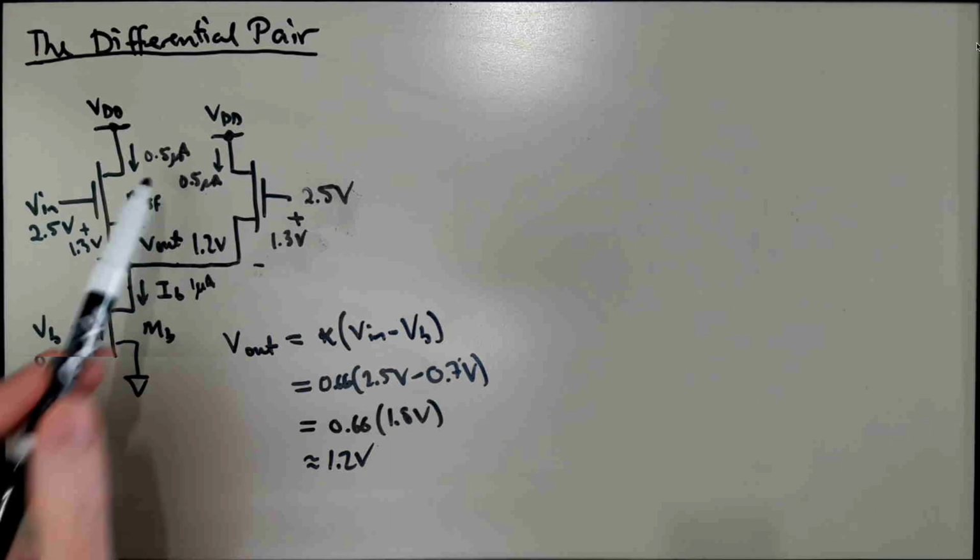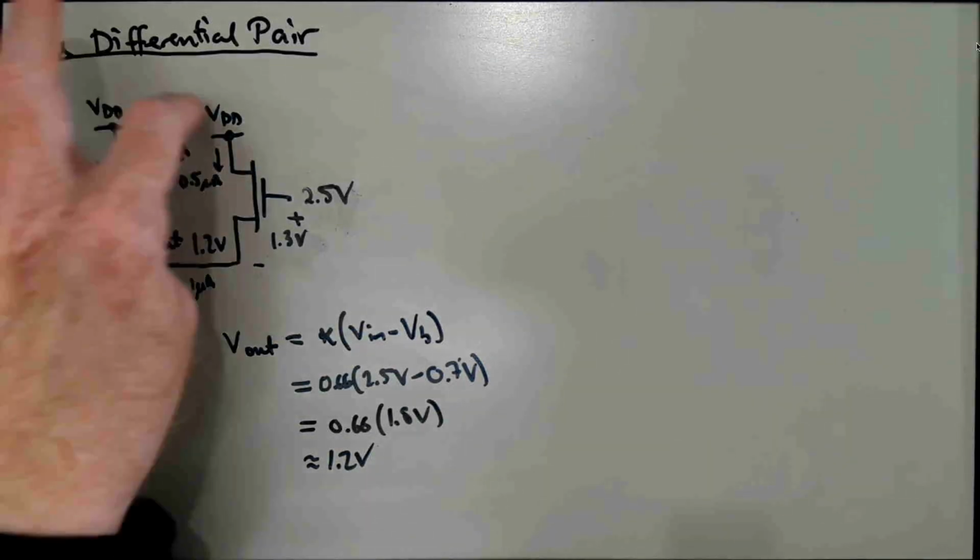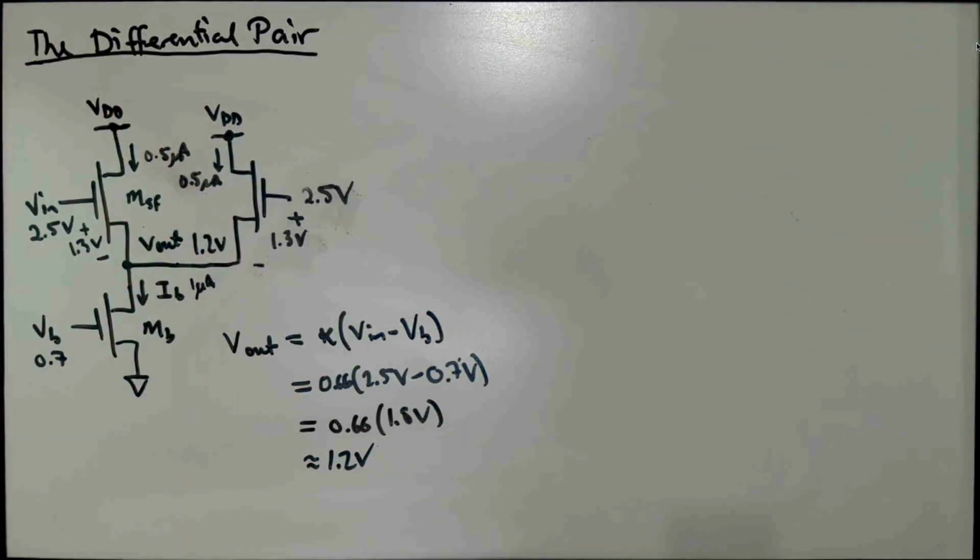Okay? So suppose I don't have these two drain voltages connected to VDD anymore, but they're connected to other things. If the transistors are saturated and they don't have a very significant early effect, does that change anything that we just said? Well, obviously not, because the transistors' drain voltages don't affect the current in saturation.